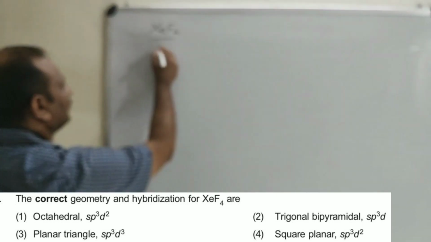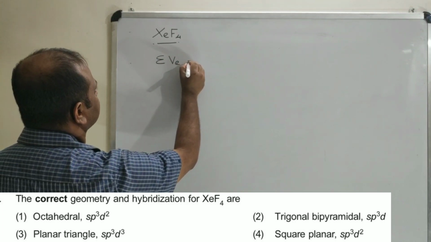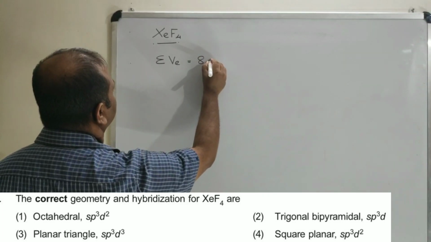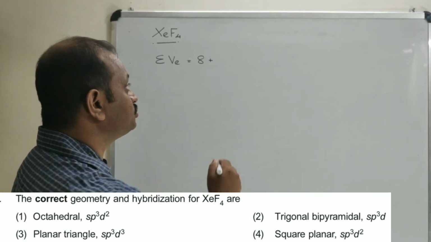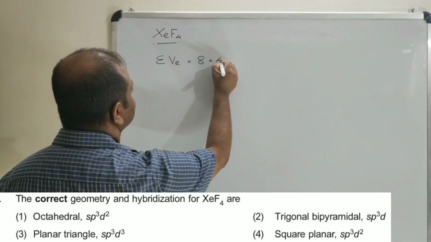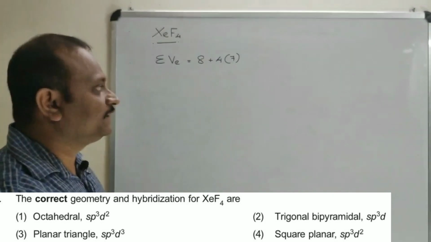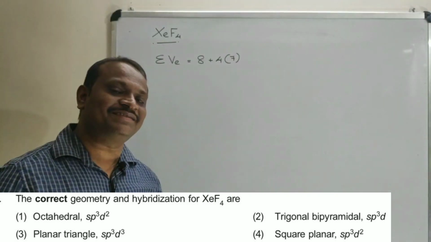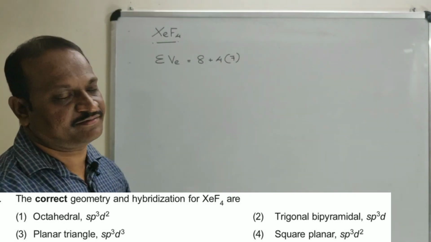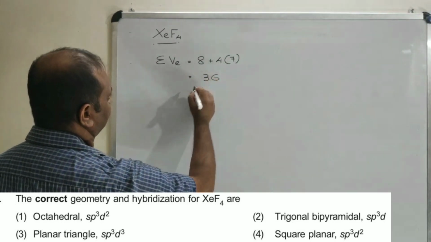So I can say that sigma of valence electrons equals 8 plus, how many fluorine atoms are there? 4 fluorine atoms are there. So we have 4 into 7, 28, plus 8. 28 plus 8 means 36. So I can write here it equals 36.